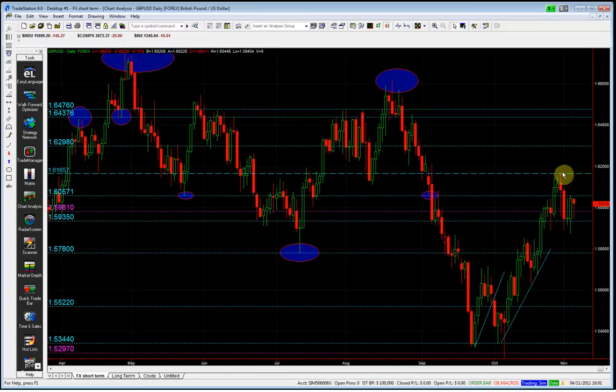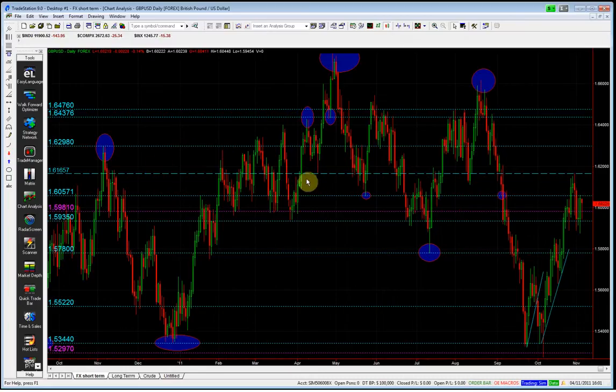Bit of a change of heart though. If we get above this momentum high, that's going to be our structural long, and that level is 161.65, which runs through the chart.